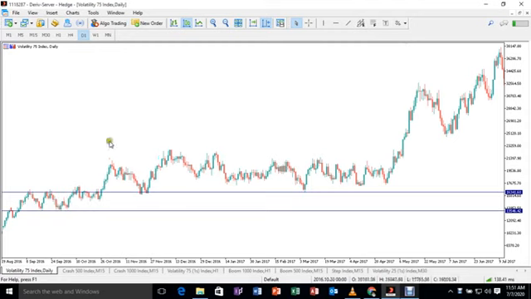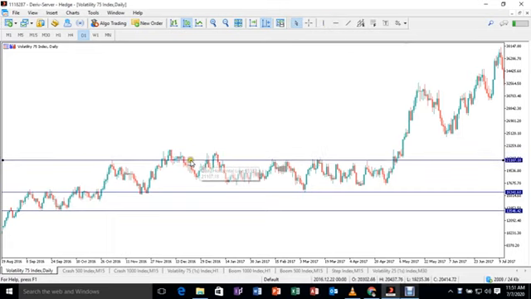And what we have next, we have another high, which is a higher high. Then we have a new low, which is a higher low. So anytime we have higher high, higher low, we know we are in an uptrend market.